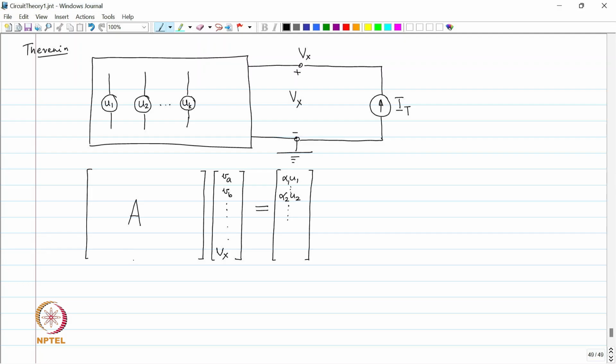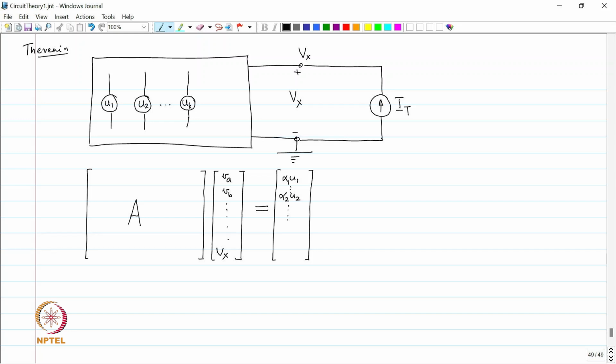Will they be in A? Will you have the U's participating in the A matrix? No. You will certainly not have any of the U's participating in the A matrix. Okay.